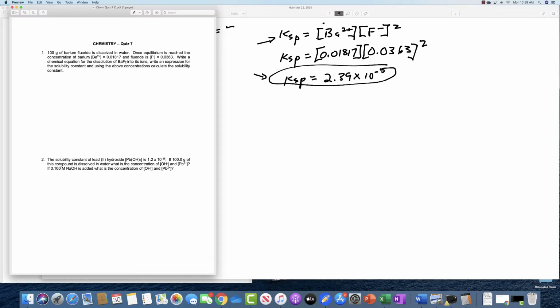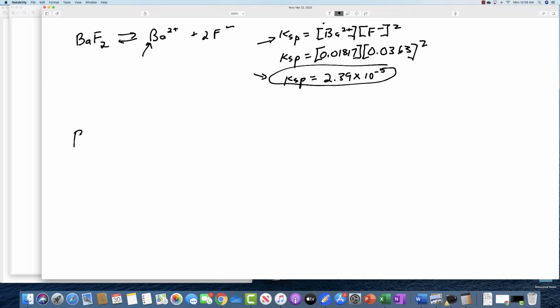Okay, the second question says the solubility constant of lead hydroxide, given the formula here, is 1.2 times 10 to the minus 15. If this amount is dissolved in water, what is the concentration of lead and the hydroxide ion?